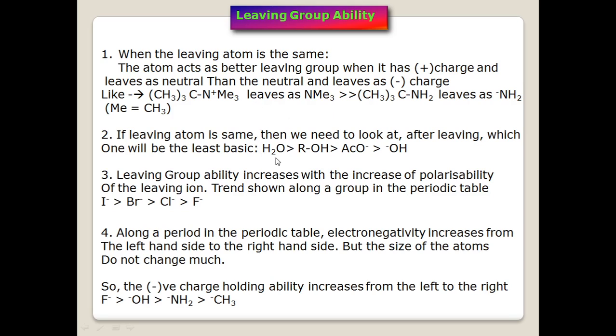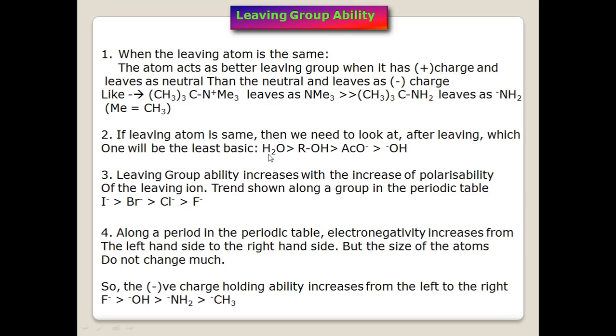Now coming to point number 2. Here the explanation is given based on the basicity term. The point is, the leaving group which is least basic will be the best leaving group. When you compare this, you should try to keep the central atom of the leaving group the same.